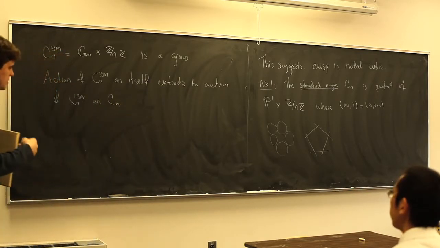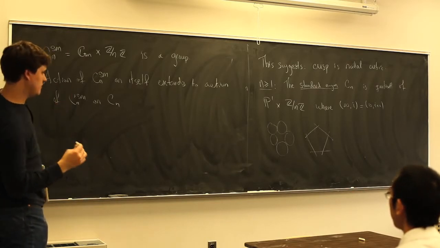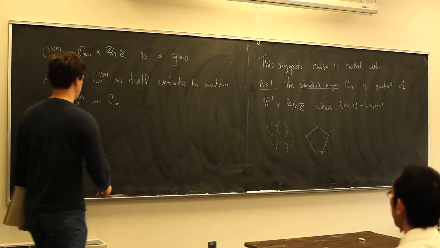In this action, the GM part is just fixing these singular points, and the Z mod NZ part is just spinning them around.